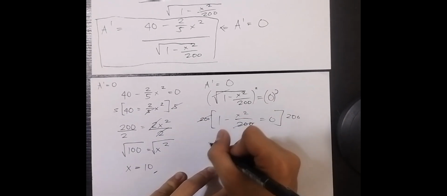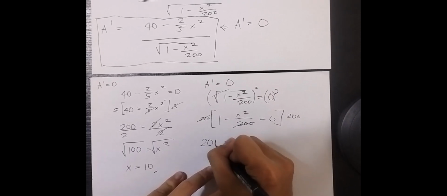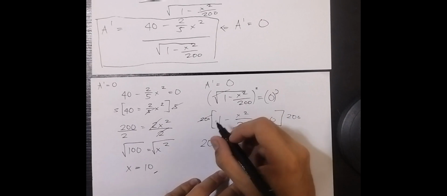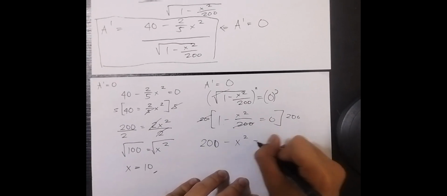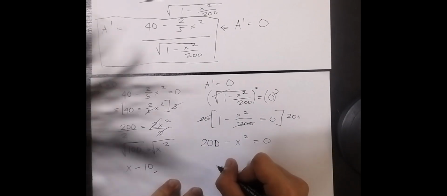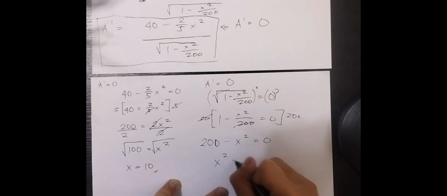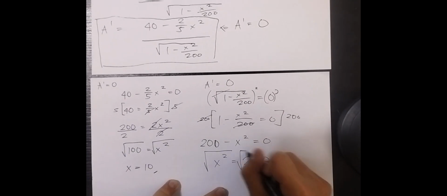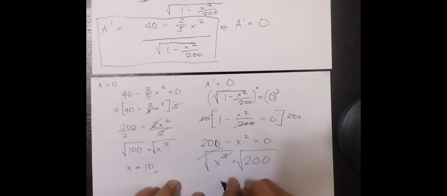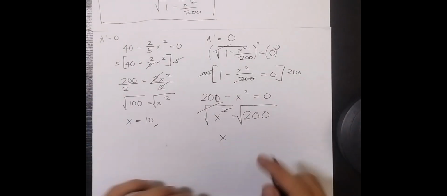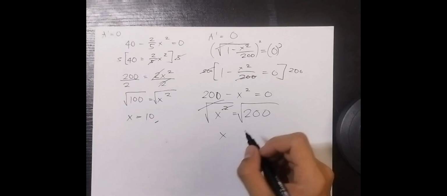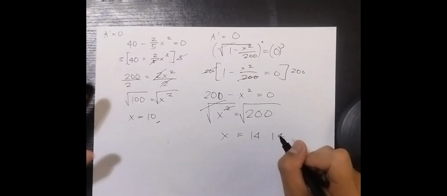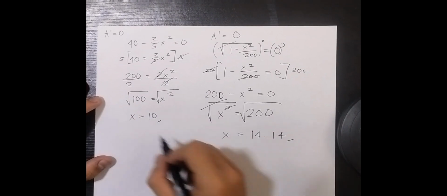So it will become 200 minus x squared equals 0. It will become x squared equals 200. The square root of 200 is 14.14. That's our second critical number.